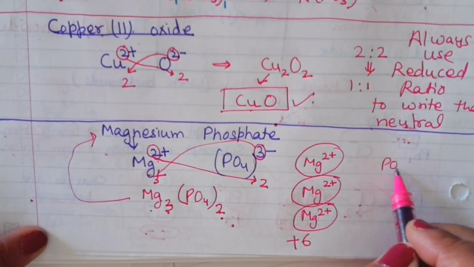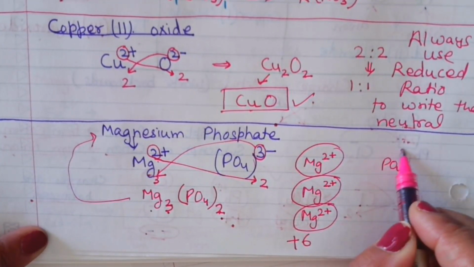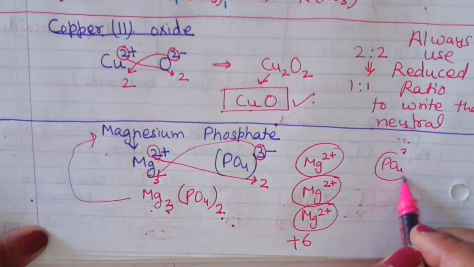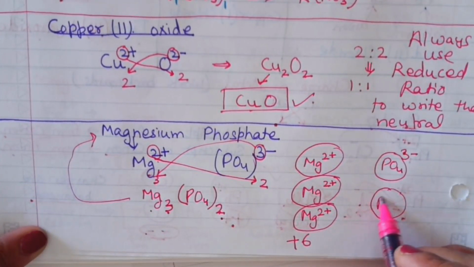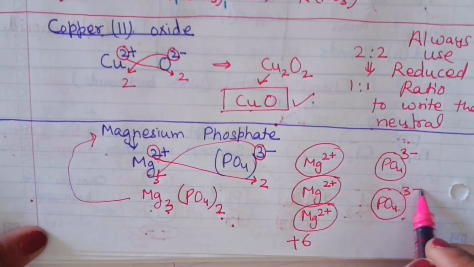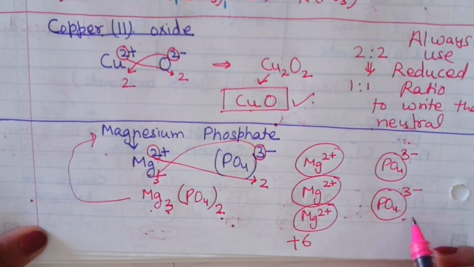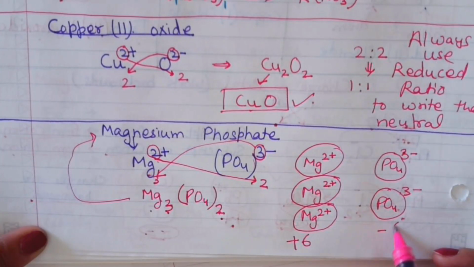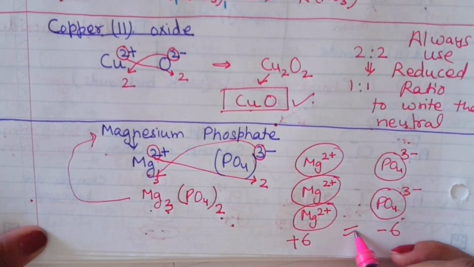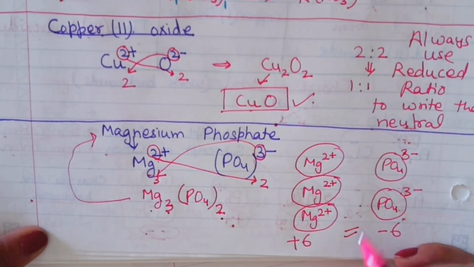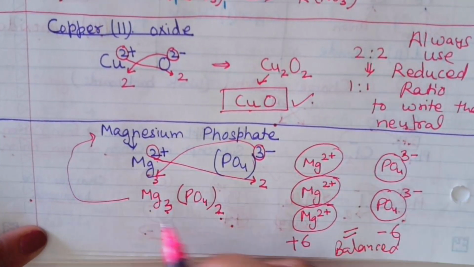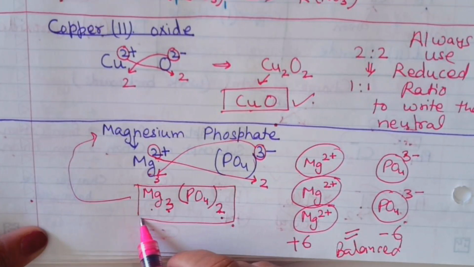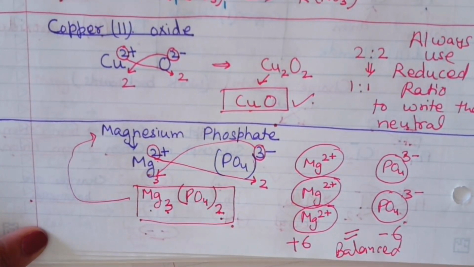Each phosphate ion has a charge of 3-. We have 2 of those, right? 2 times -3 is -6. So these are balanced, and hence we have a neutral formula for magnesium phosphate.